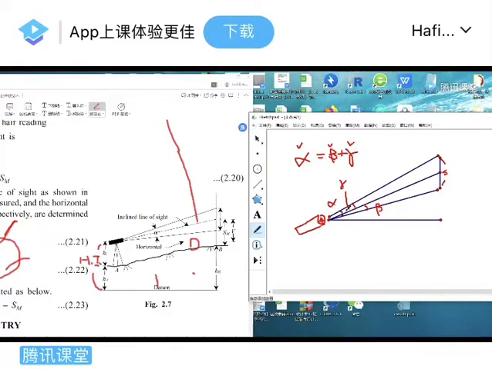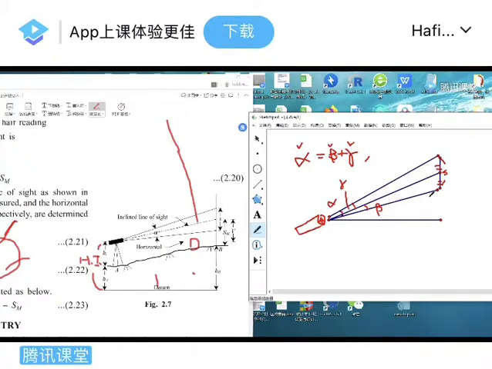You can know all these angles. I write down what we know first to find out what we don't know later. We also know the distance of this one: the whole distance is s, so this is 1/2 of s.